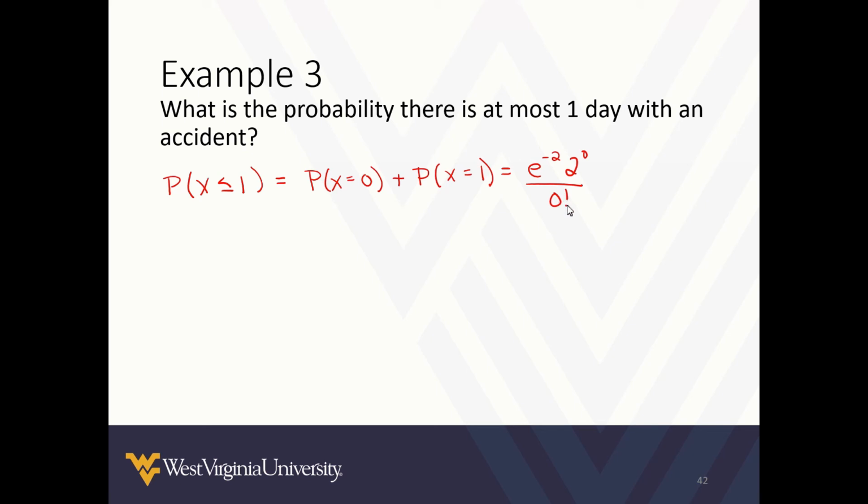If you don't recall, 0 factorial is equal to 1, plus e to the negative 2, 2 to the first over 1 factorial, which we've already found. And this would be 0.1353 plus our previously found probability of 0.2707. So this would give us a probability overall of 0.4060. So the probability that there was one or fewer accidents in this factory is 40.6%.